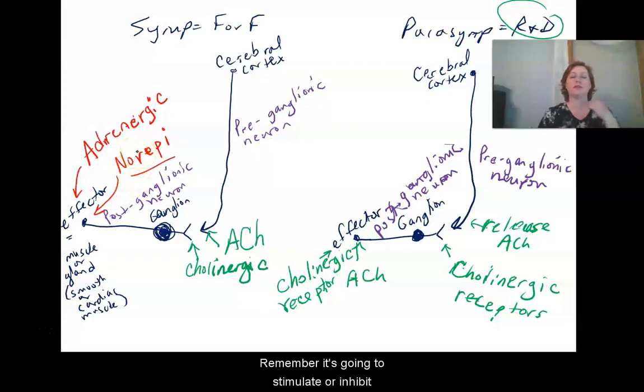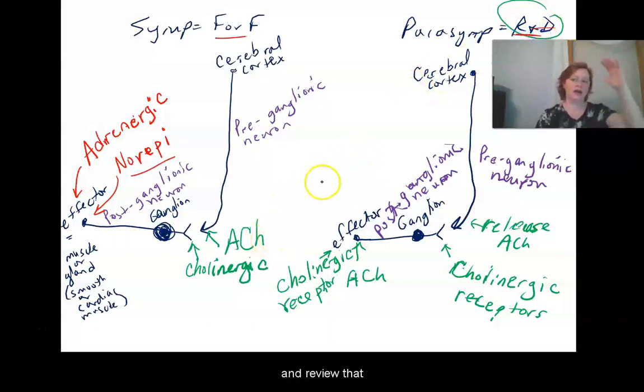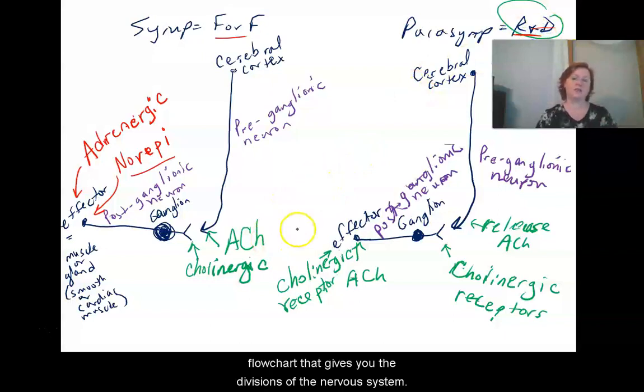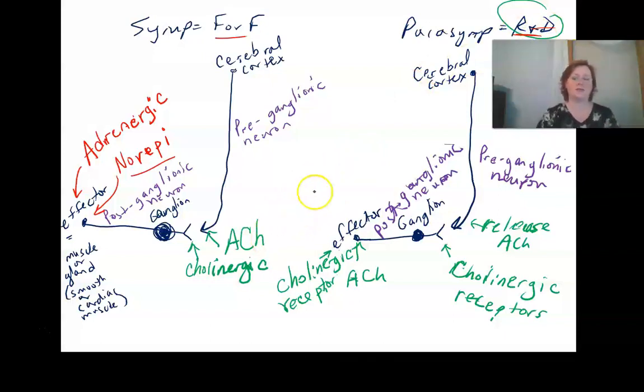So remember, it's going to stimulate or inhibit whatever that action is, depending on what's going to be right for fight or flight, or rest and digest. And if you don't remember what those are, make sure that you go back and review that flow chart that gives you the divisions of the nervous system.